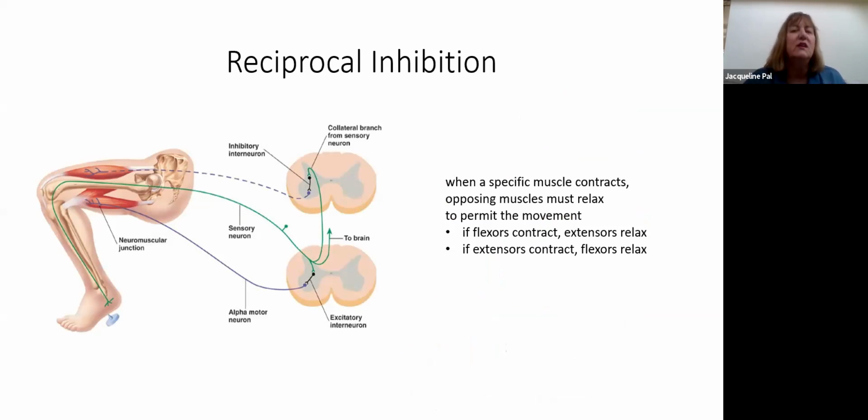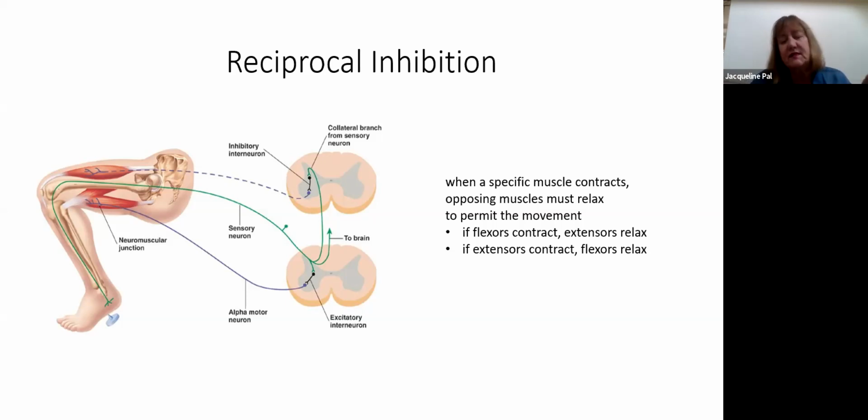So that's how you lifted your leg off of the tack. That's how you knew when you were contracting around the hot pan to drop the hot pan. Okay. That's how we had the patellar reflex, where the extensors were contracted, that now the flexors are going to be contracted.